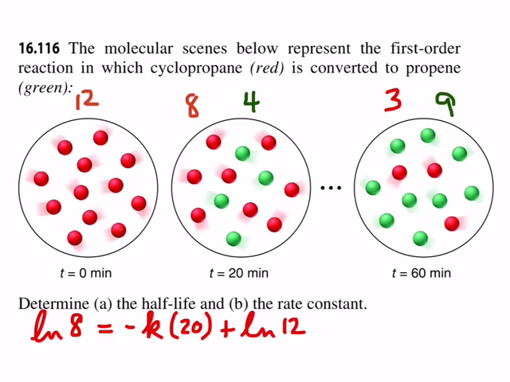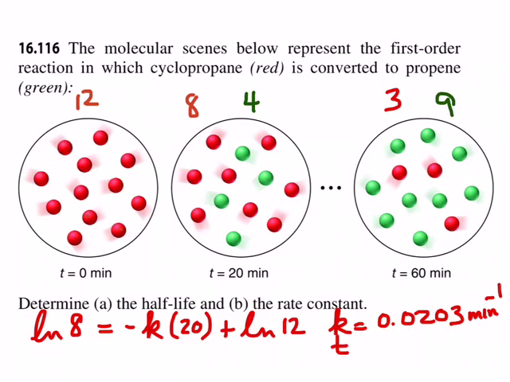So if we solve that for k, we get the natural log of 8 minus the natural log of 12, and then divide that by negative 20, and I get the rate constant is 0.0203. The units for that would be minutes to the minus 1. First order processes have time to the minus 1 as their units for k.